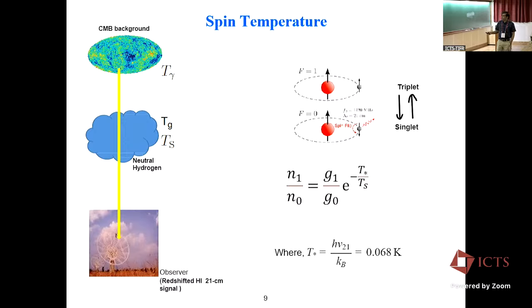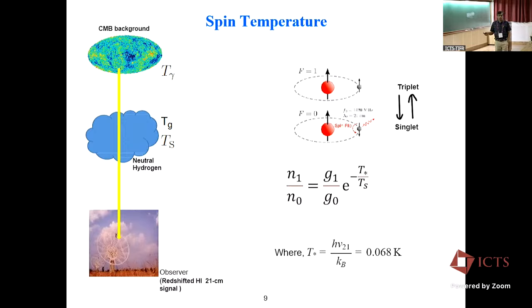So it is defined as this, where T star is the quantity h nu21 by kB, and the value of T star is 0.068 Kelvin, right? And G1, G0 are the degeneracy parameters. In this case, G1 by G0 is 3, because the triplet state has a degeneracy of 3, and G0 is the degeneracy parameter of the singlet state.